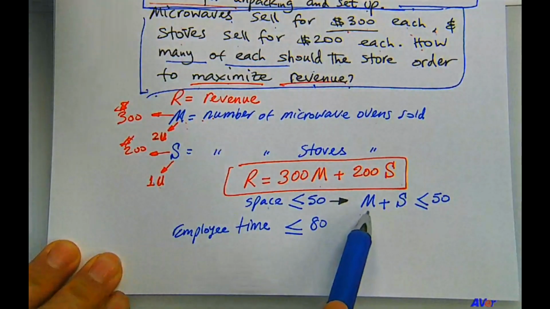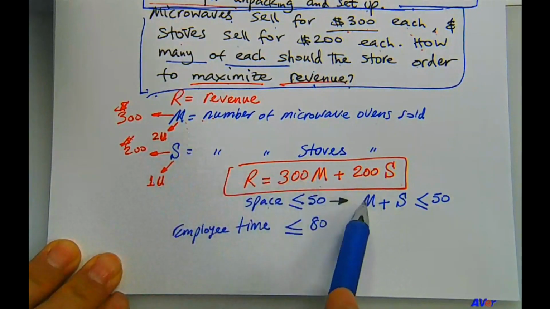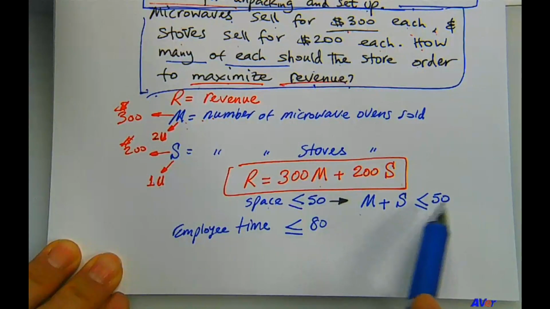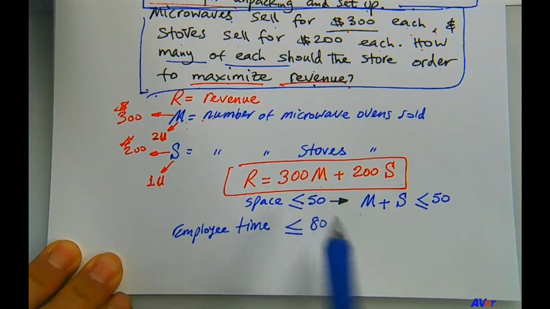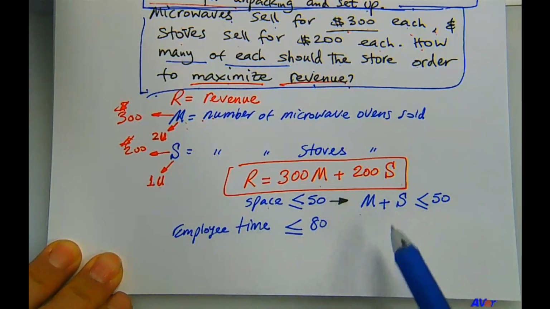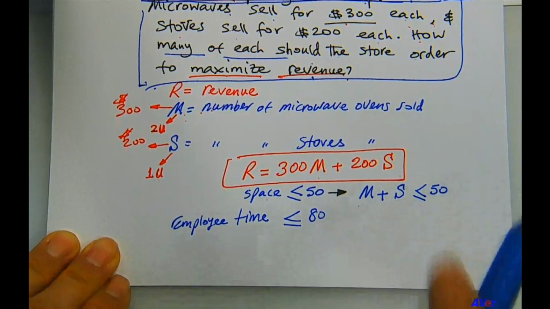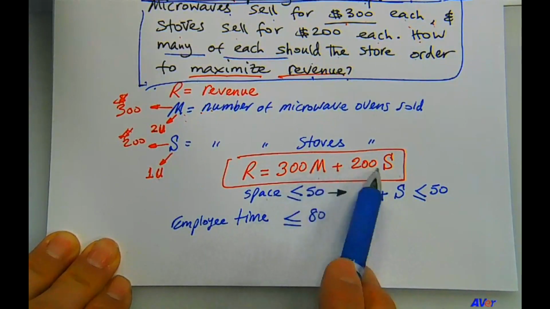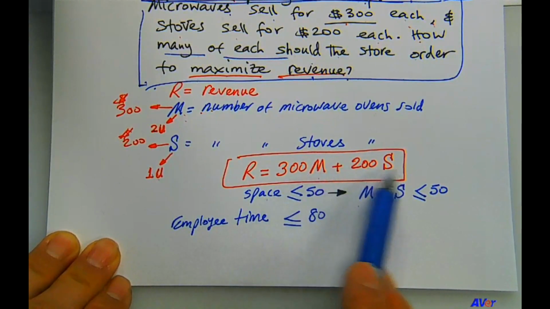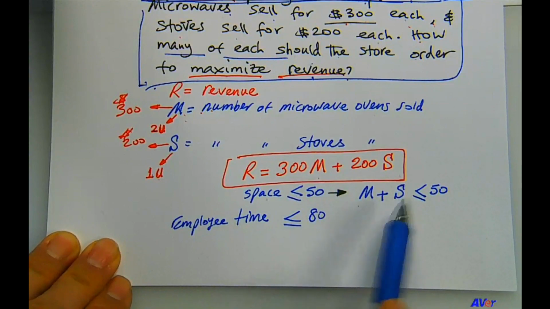Remember what we labeled these variables as. So M plus S must be less than or equal to 50, because we don't have more space than 50 of these items in this store. So that's one of the constraint inequalities. Notice we're using the same variables we used in the objective function.